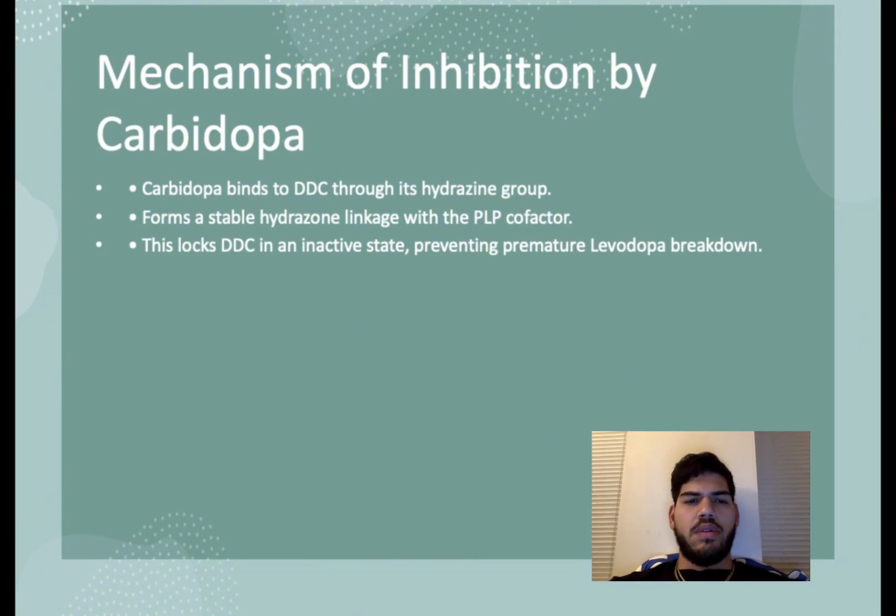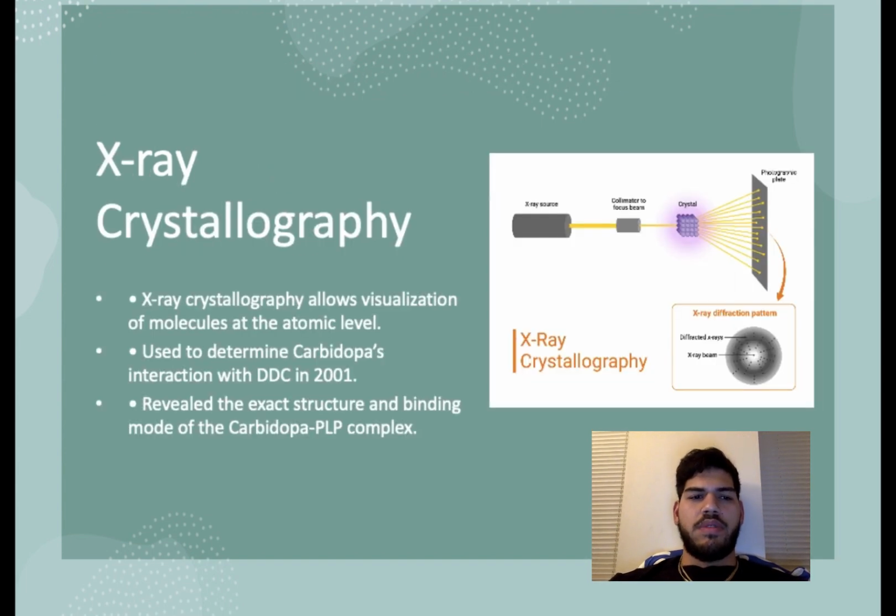Now, let's take a look at how scientists have studied carbidopa's binding mechanism. In 2001, researchers used X-ray crystallography to visualize the binding of carbidopa to the PLP cofactor within the DDC enzyme. X-ray crystallography allows us to see molecules at the atomic level by analyzing X-ray diffraction patterns from crystallized proteins.